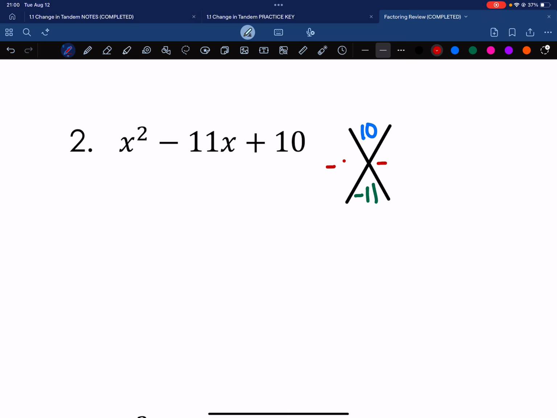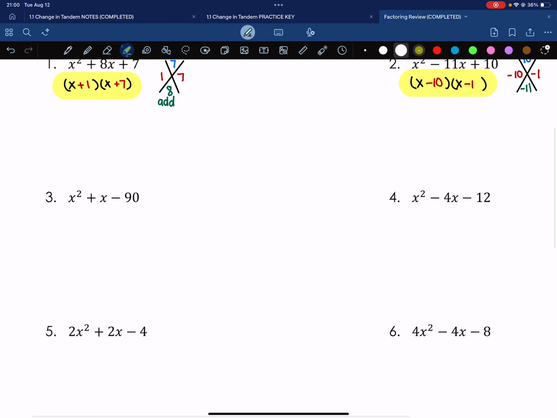I can multiply negative 10 times negative 1 and get positive 10, because a negative times a negative is positive, but when I add them, it becomes negative 11. So we can go ahead and factor. Again, there's only a 1 in front of the x squared, so we're good. So then we have x, and then we list in our factors negative 10 and negative 1. And this would be completely factored.